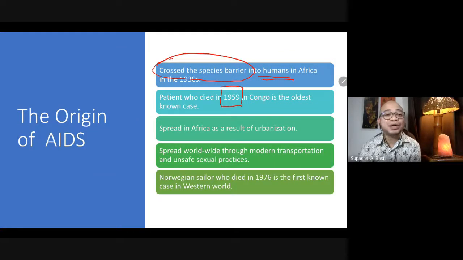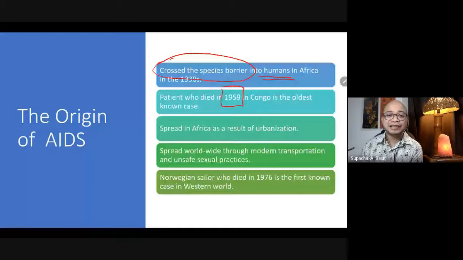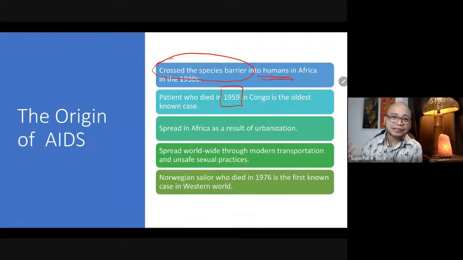Because of rapid and rampant urbanization, it spread all over the world. In fact, we consider AIDS a pandemic because it is seen in more than two WHO geographic regions. That's how we define pandemic. It spread in Africa as a result of urbanization, and worldwide through modern transportation and unsafe sexual practices.